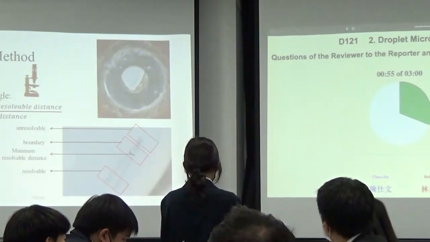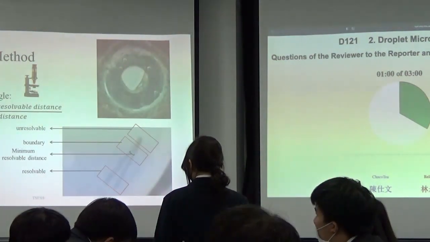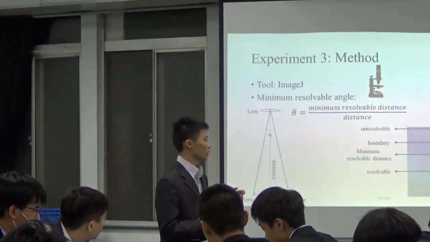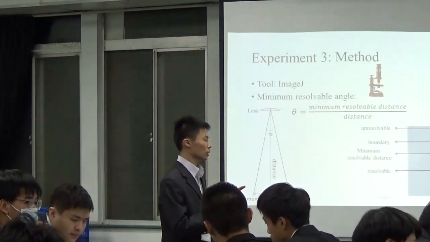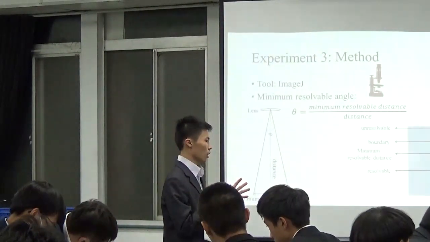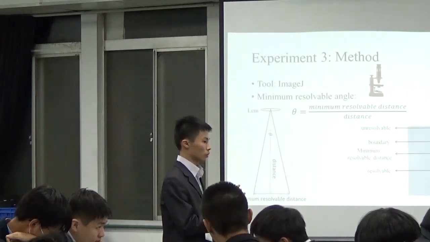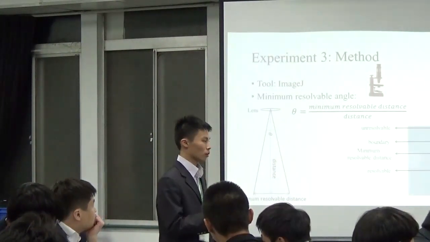And can you summarize your analysis of resolution? Since we found that resolution also has to consider the magnification, we have to use it to calculate our resolution and revise it. And through the revision, we found out that the theory fits our experiment result.